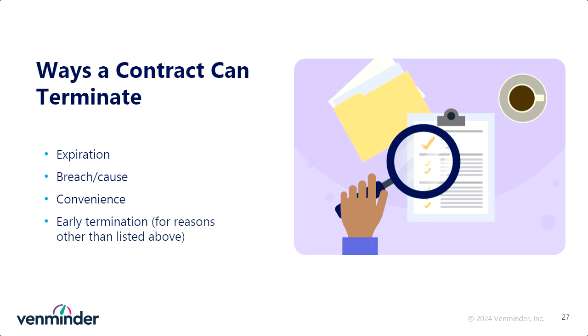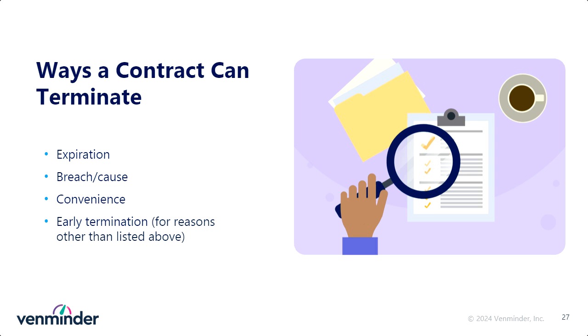Another, of course, is a breach of or cause of termination. And there may be breach language in the contract that's mutual. Maybe it's not. Maybe it is purely one-sided and in your favor with being the customer of that vendor. But be sure you understand what those breach clauses are in the event that you need to act on them.